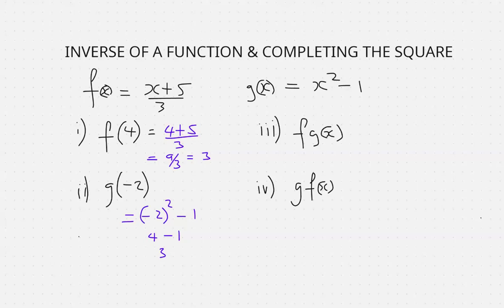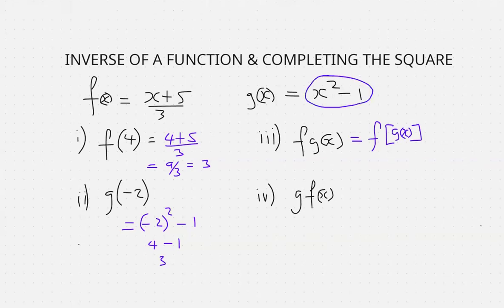Look at what I'm circling. I'm going to circle this thing right here. I'm going to be replacing the x all the way over here with all of what I've circled. So I'm taking the expression that represents the g function, and I'm going to put it where the x is over here.